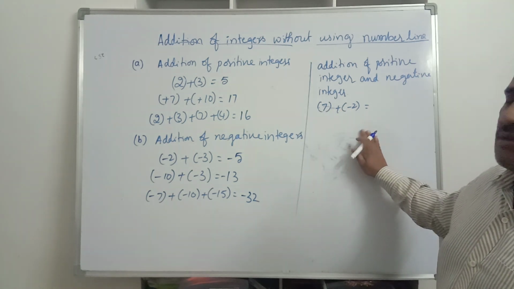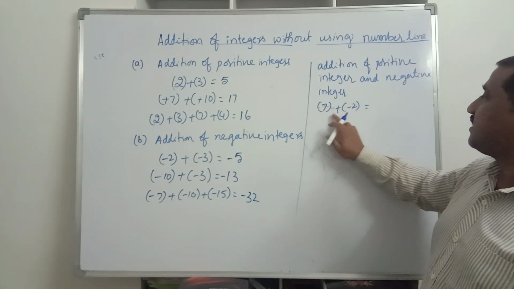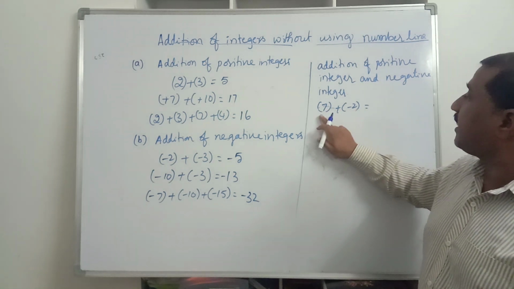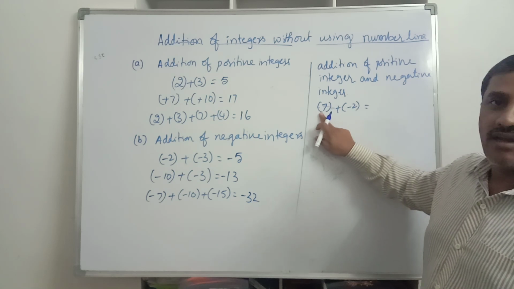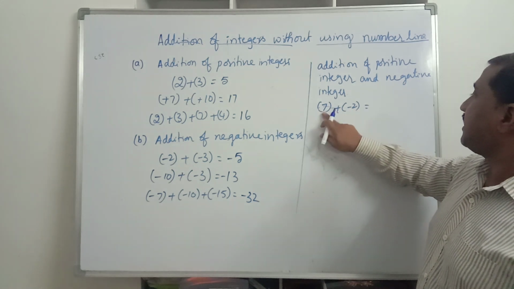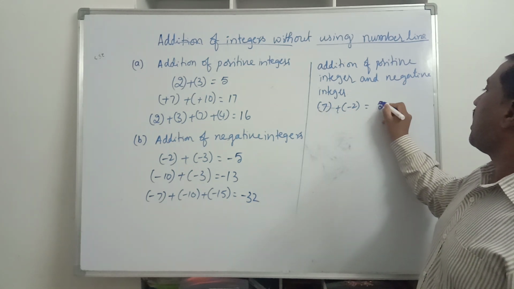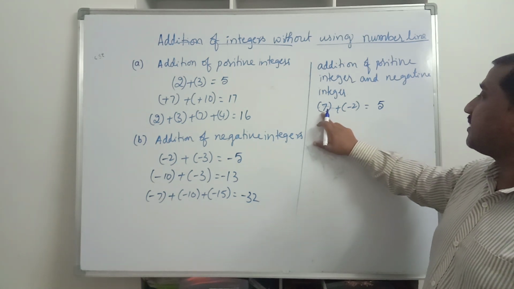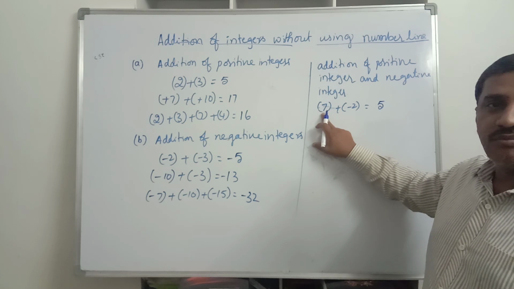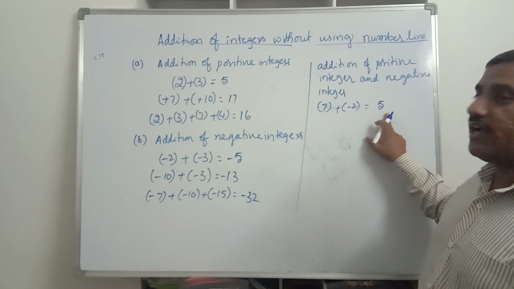Subtract the smaller number from the greater number. Here, the smaller number is 2, the greater number is 7. So subtract 2 from 7, that is 7 minus 2. It is 5. And take the greater number's sign. Which is the greater number? It is 7. What is its sign? It is plus. Therefore, we will get plus 5.